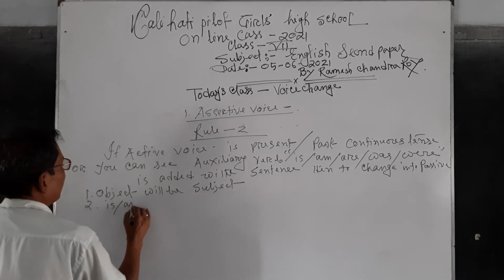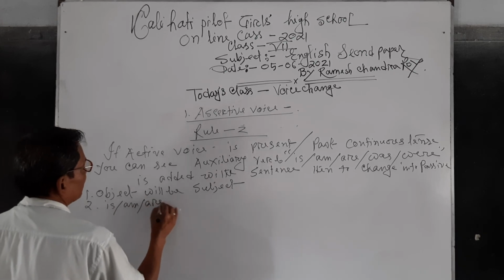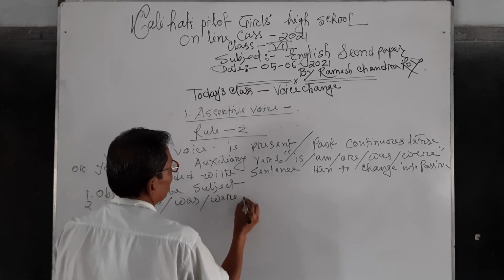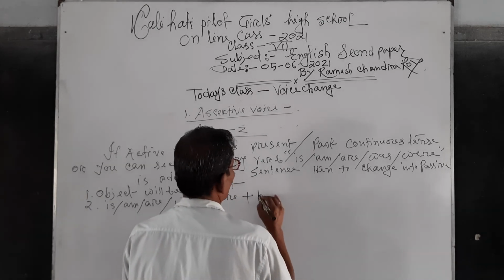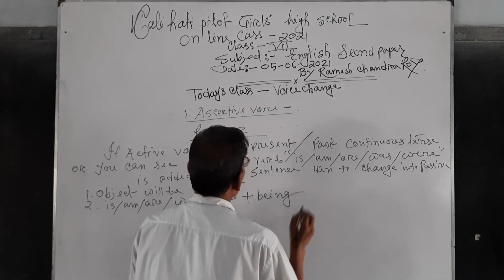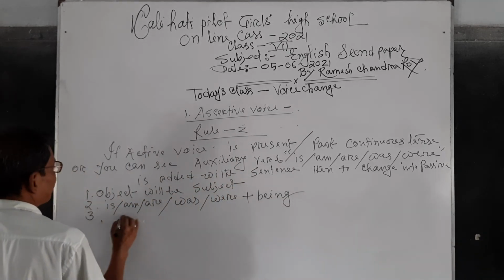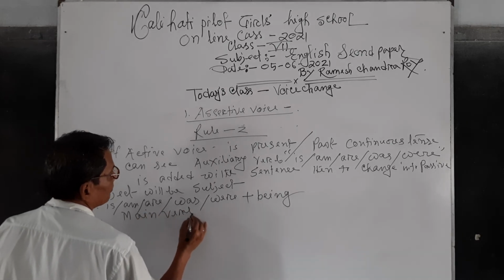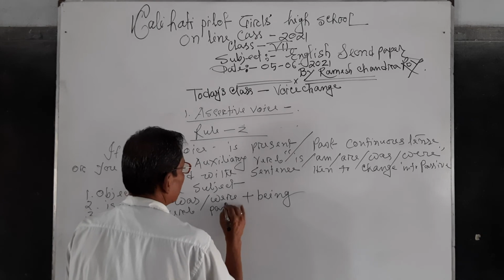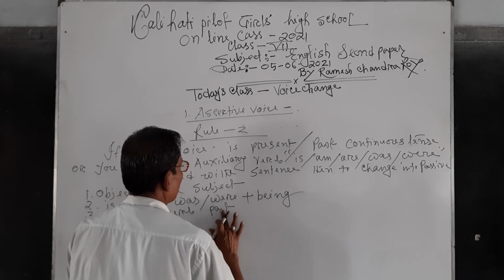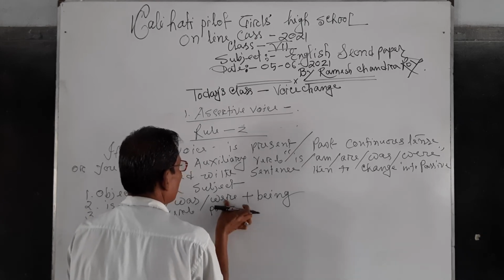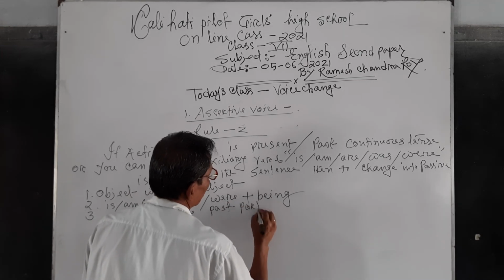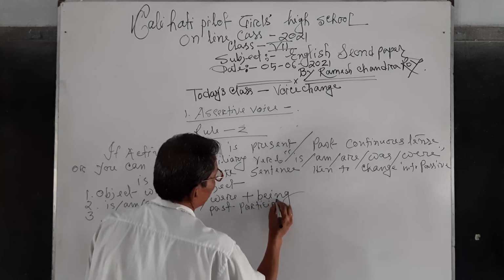Number 2, is, am, are, was, were plus being. Number 3, the main verb in past participle form.